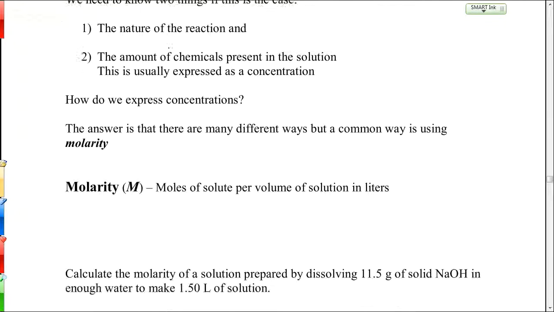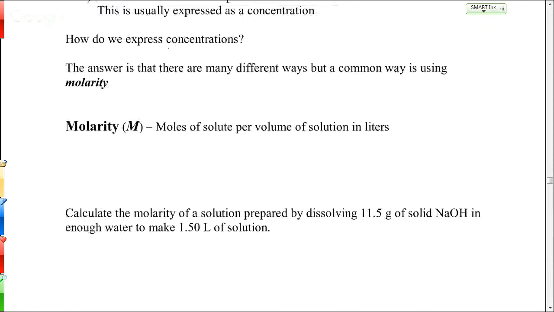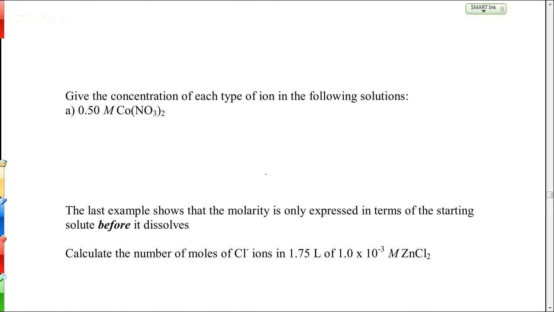The actual definition is molarity is moles of solute per volume of solution in liters. Big M: moles of solute, liters of solution. Let's talk about how we make that before we do the calculations.